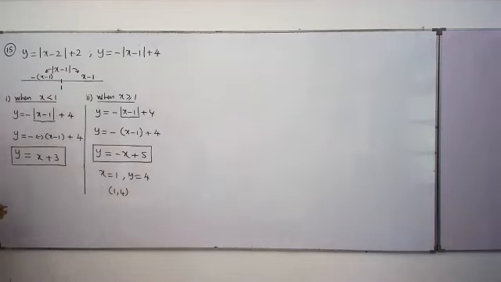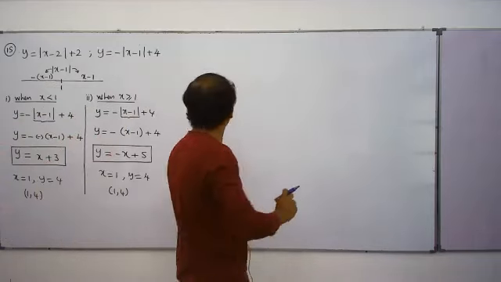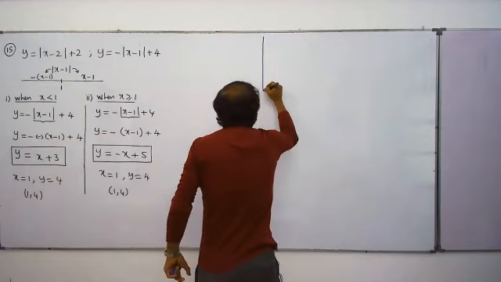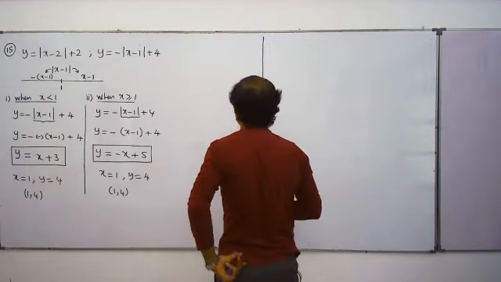And here when I put x equals 1, y is 4, so 1, 4. You know the other point we can very easily find. Now let's draw this.